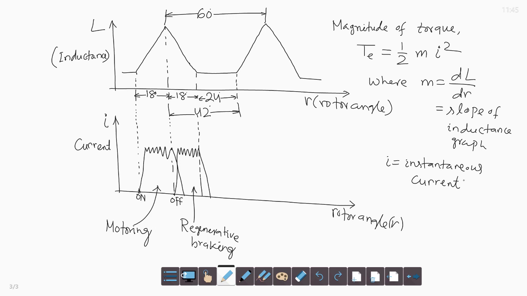As you can see, motoring torque is developed by establishing the stator current pulse when the inductance is increasing, and the regenerative braking torque is developed by establishing the current when the inductance is decreasing.